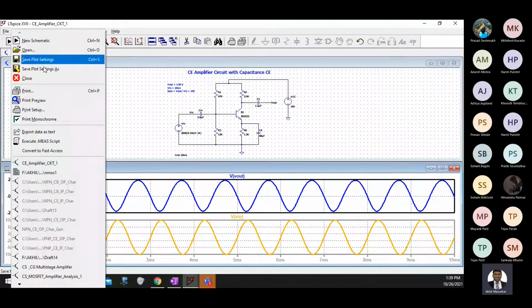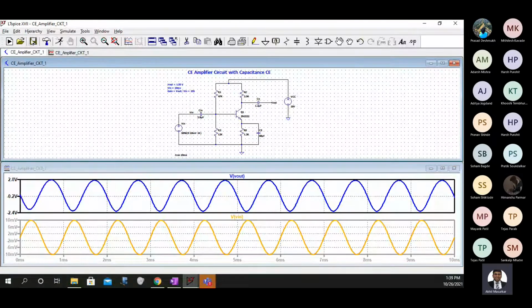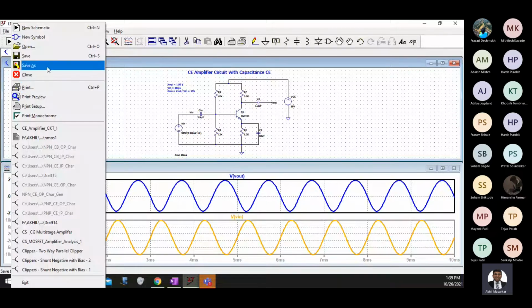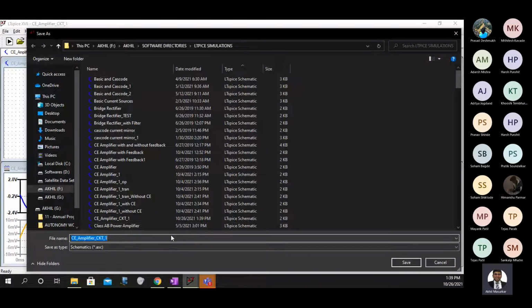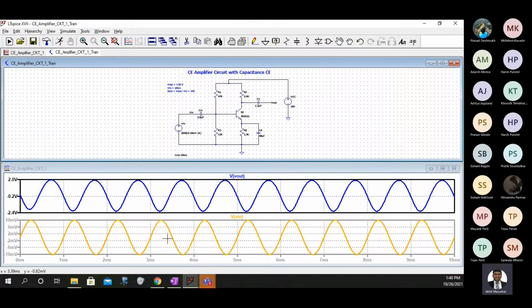So I'm just saving this circuit. File, save as, and I'll write TRAN, that is transient analysis of circuit 1. Save it.